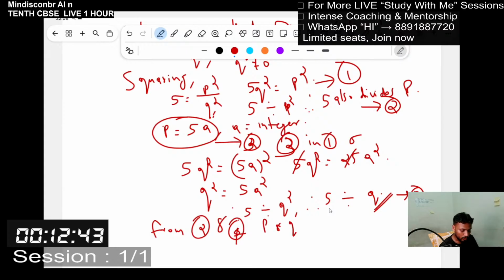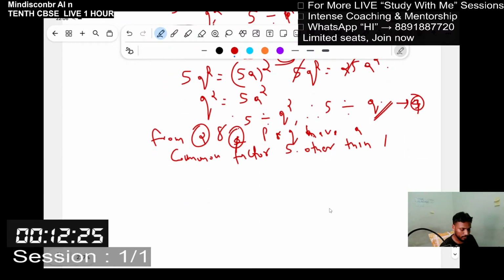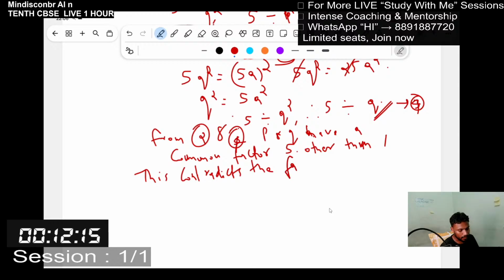P and q have a common factor 5 other than 1. This contradicts the fact that p and q are coprime.